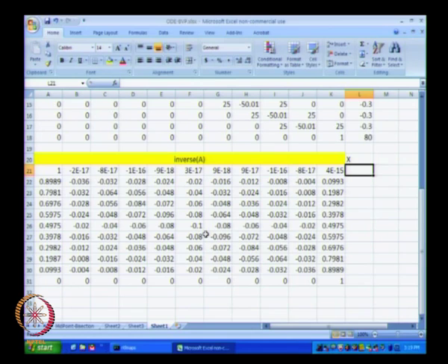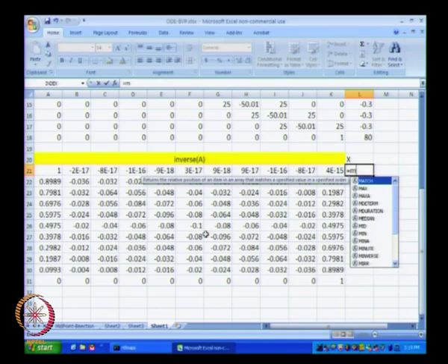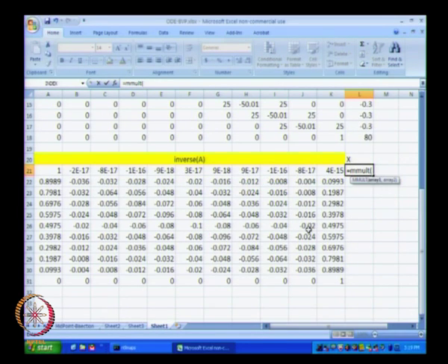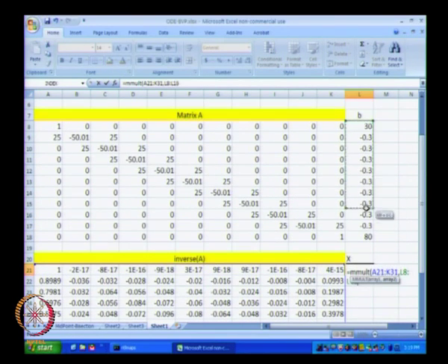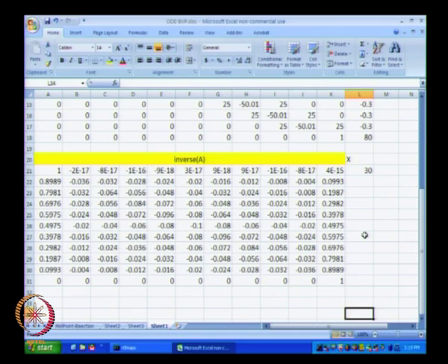So, x is going to be equal to inverse of A multiplied by B, and that we can do by doing M mult. M mult is a matrix multiplication where we require two arrays, array 1 and array 2. Array 1 we are going to give as the first array over here, comma array 2 is nothing but the vector B. So, we will just choose the vector B and then close the bracket, and that should give us the x.